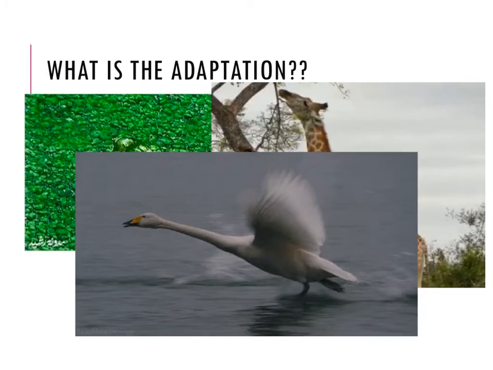What is the adaptation here? So I have some of them covered up. This one with a giraffe is a little easier to see. So if you think about giraffes, what trait do they need in order to reach their food? Yes, they need to have long necks.